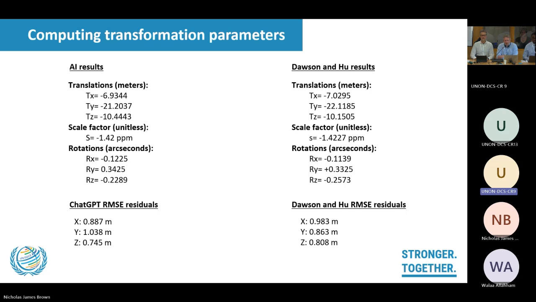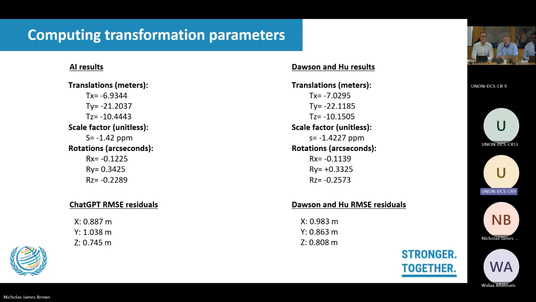And the results on the right-hand side are the ones that came out of a scientific paper produced by my colleagues, John Dawson and Grung Hu, and I trust them because they're much smarter than me. And they came up with results that are shown there that give the translations, scale factor, and the rotations. And you can see the residuals there at the bottom.